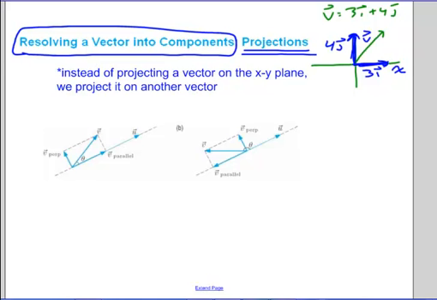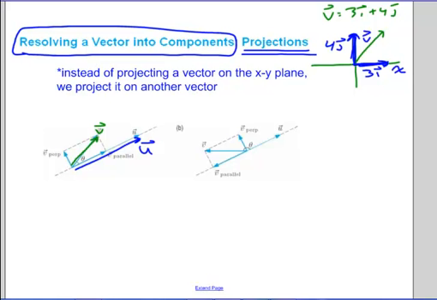Similarly, let's say that we have some vector here. This is u, and then we've got another vector v. What we can do is project v onto u.